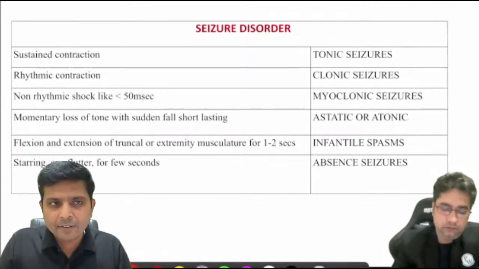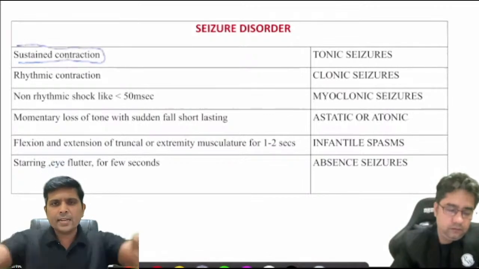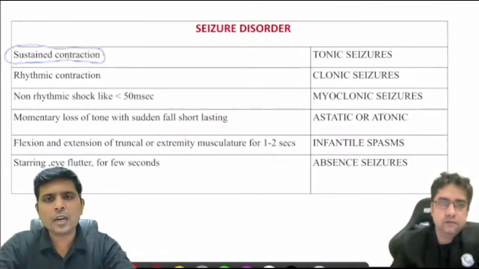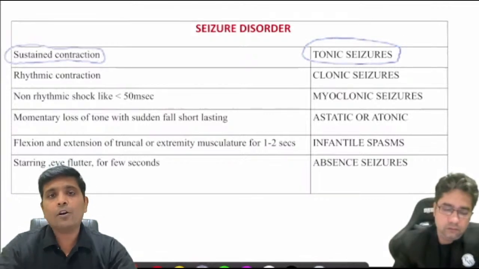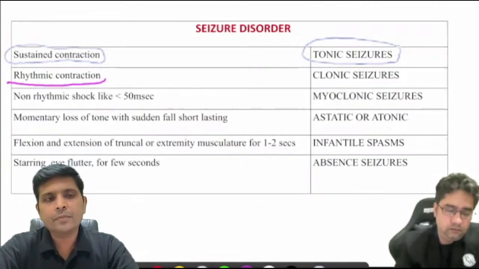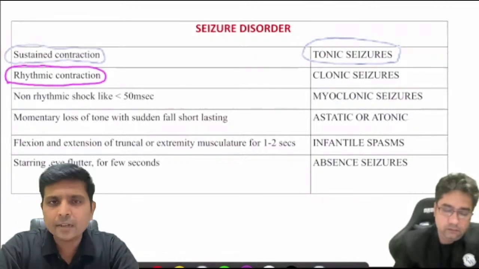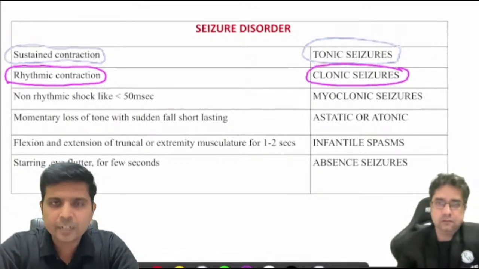If the child develops sustained contraction, it is called tonic seizures. If it is an alternating contraction, if it is rhythmic, then it is called clonic seizure. Sustained contraction is called tonic seizure.